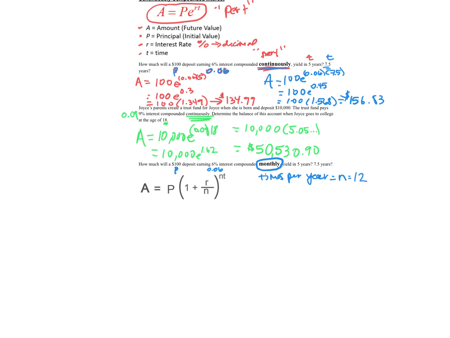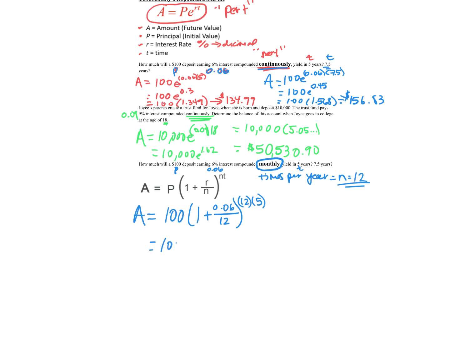And then they're giving us two options here. We're first going to do 5 years as our time. So the formula looks a little different, but we're still going to plug in all the numbers that we know. We know our rate is 0.06. Our n we've decided is 12 because it said monthly. And then to the n, which is 12, times t, which is 5 years.